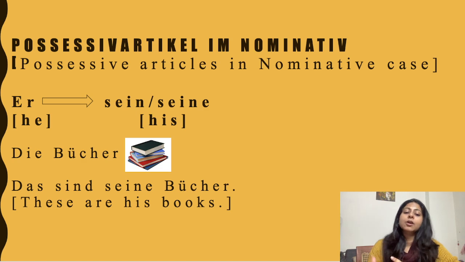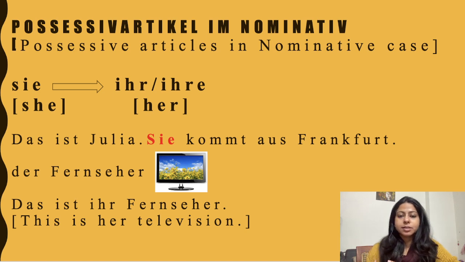So, again for feminine and plural, we are using seine with the ending e, because the article is die, and for masculine and neutrum, we are using sein, because the article is der and das. Now, let's look at another set of pronoun, that is sie, ihr or ihre, which means her.